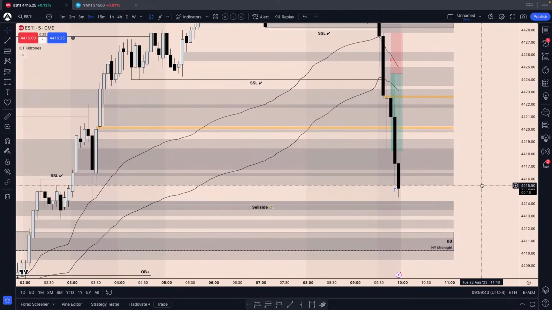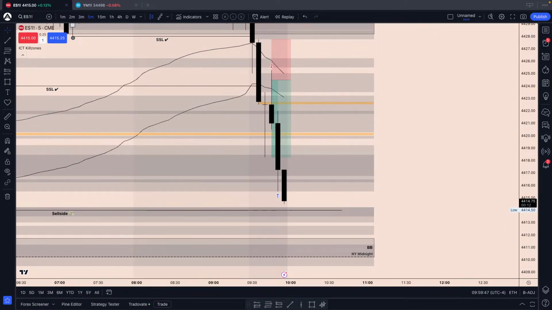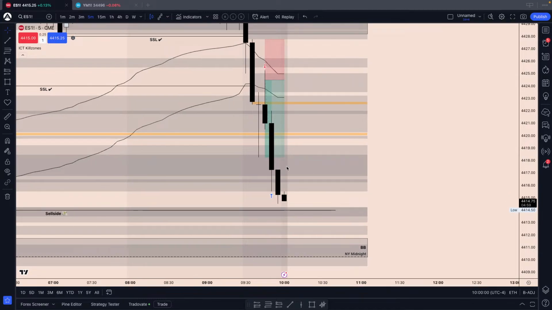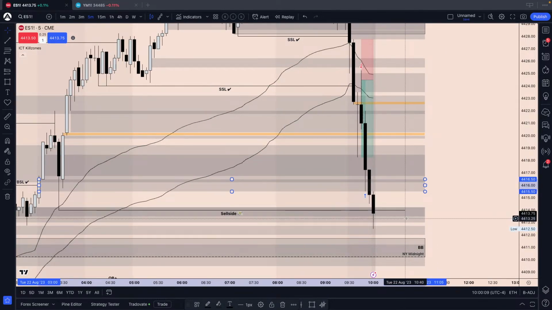Are we going to clear some more sell side? All right, so note how we close right here. We close below that lowest bullish fair value gap of this little price lag right here. And yeah, there goes sell side.